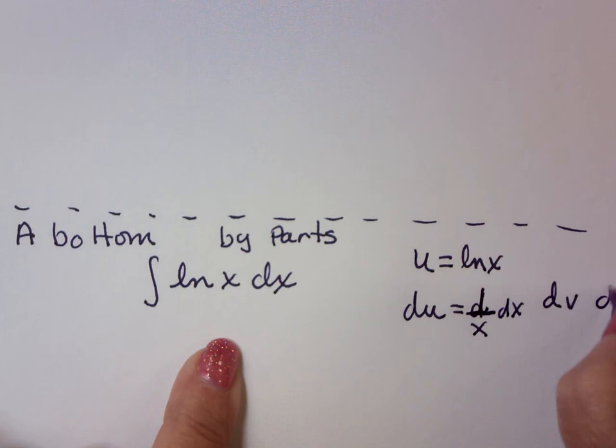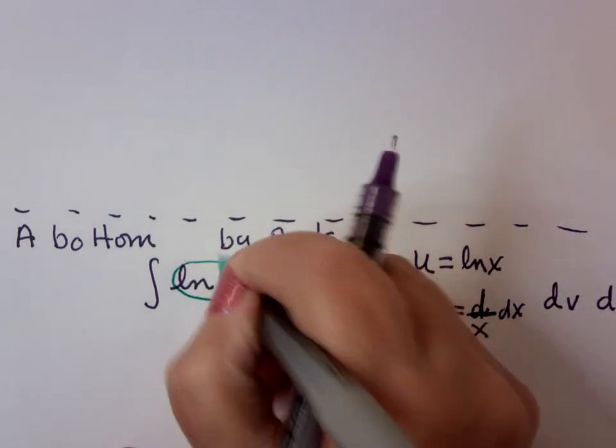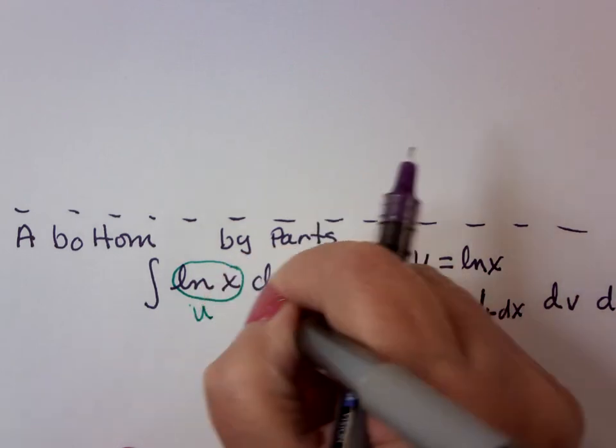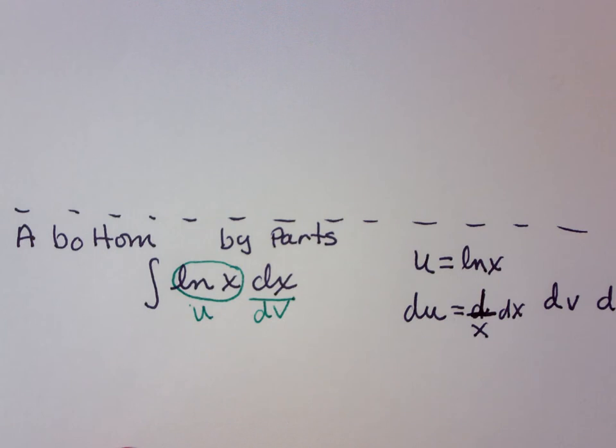And dv is just dx. So remember, we take this thing and use it all up. So that's going to be u. What's left over is dx, so that has to be dv. So the whole integrand is used. The 2 we'll bring back up. The 2 is just a constant. You could bring it down if you wanted to. And v is just x.